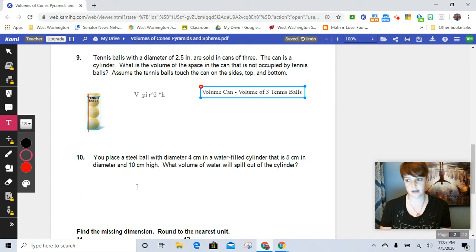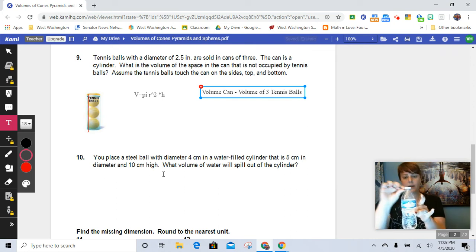Here's another one, and this one is a little bit more about displacement, but still similar. You place a steel ball with a diameter of 4 centimeters in a water-filled cylinder that is 5 centimeters in diameter and 10 centimeters high. So in this water bottle, if I plunked something in there and it was totally full up to the brim, then it would overflow because of displacement.